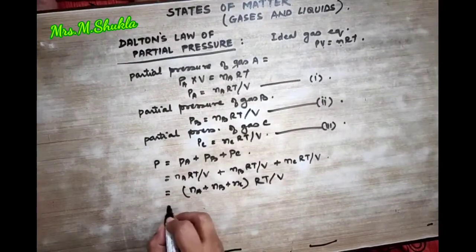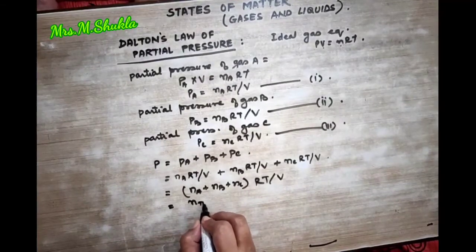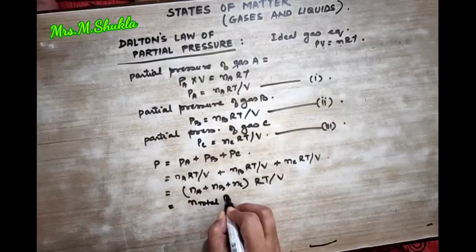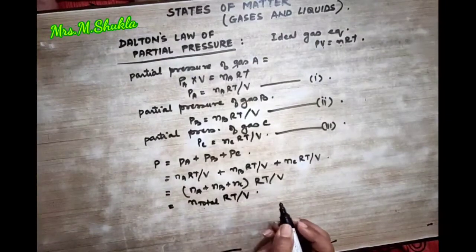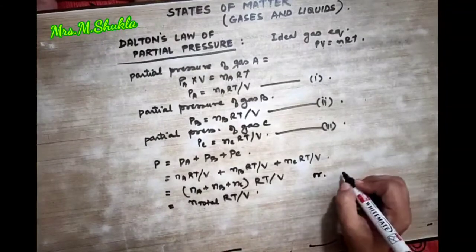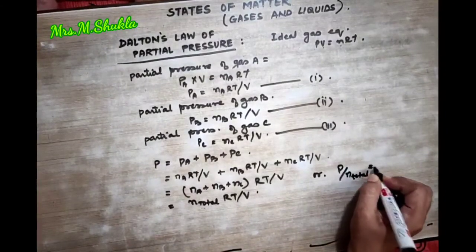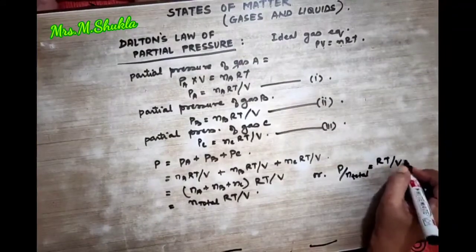So this will be equal to n, the total number of moles, into RT upon V. Okay? Or P upon total moles is equal to RT upon V.